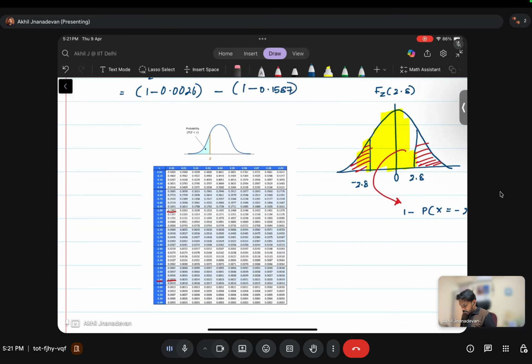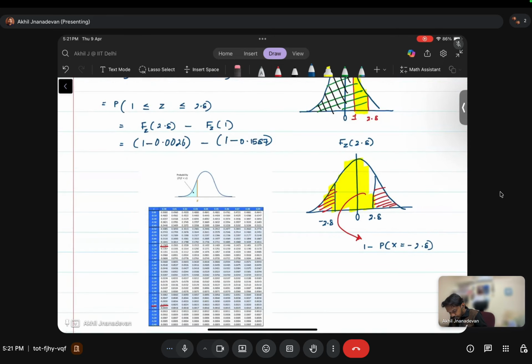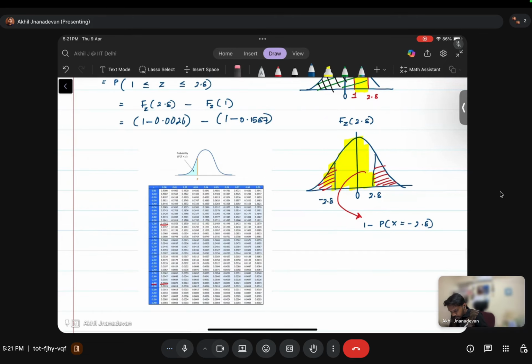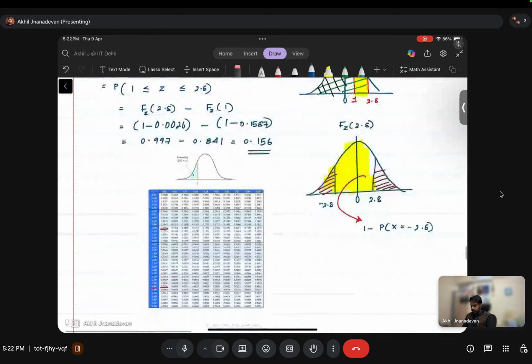If you do this, it comes out to approximately 0.997 minus 0.841, which equals 0.156. So that is the probability of our temperature being between 15 and 24 degrees Celsius.